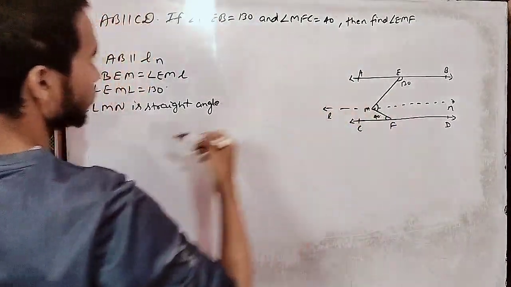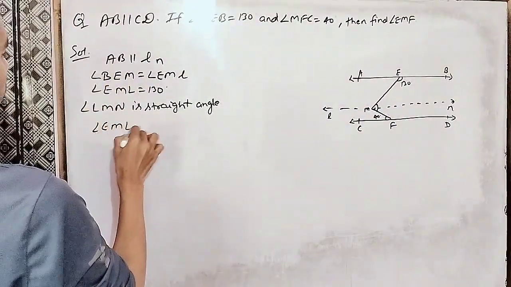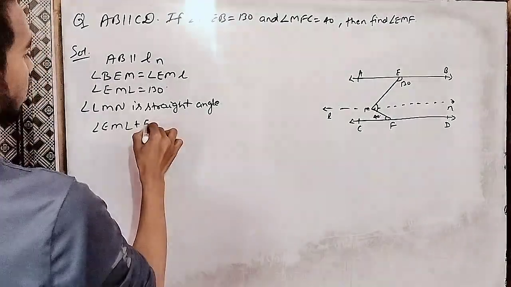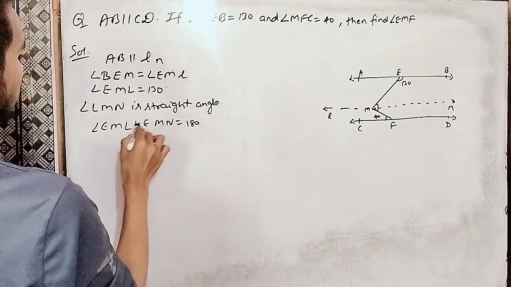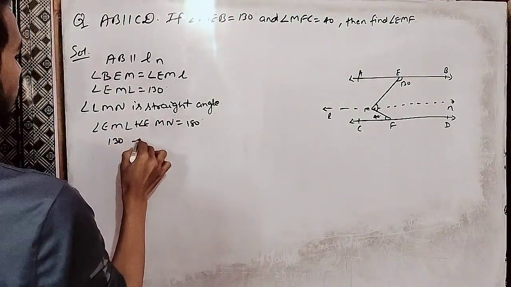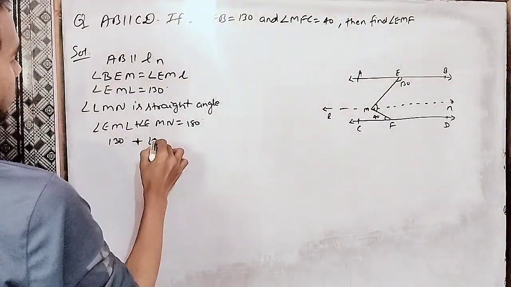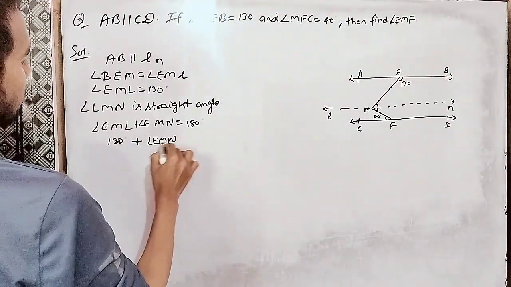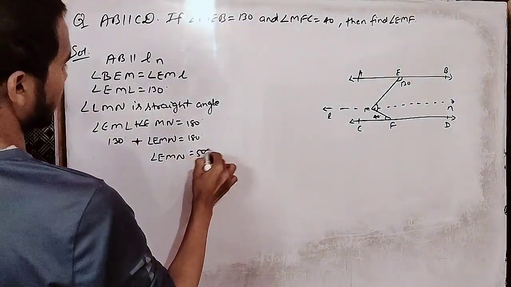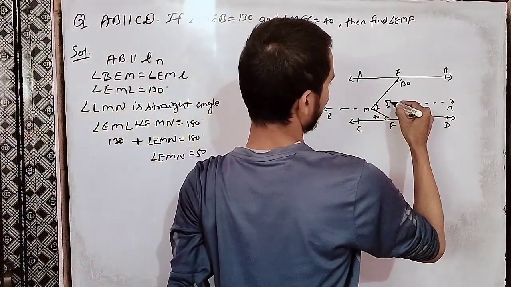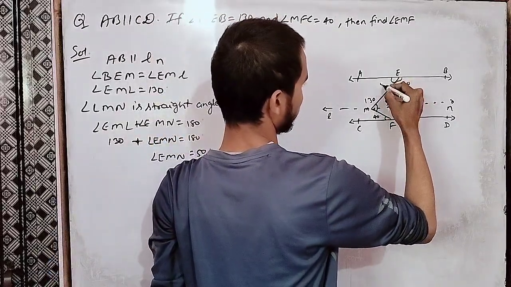The sum of these angles would be 180 degrees. AML and AMN would be 180 degrees. So this is 130, and this we don't know, so it would be 50 degrees.